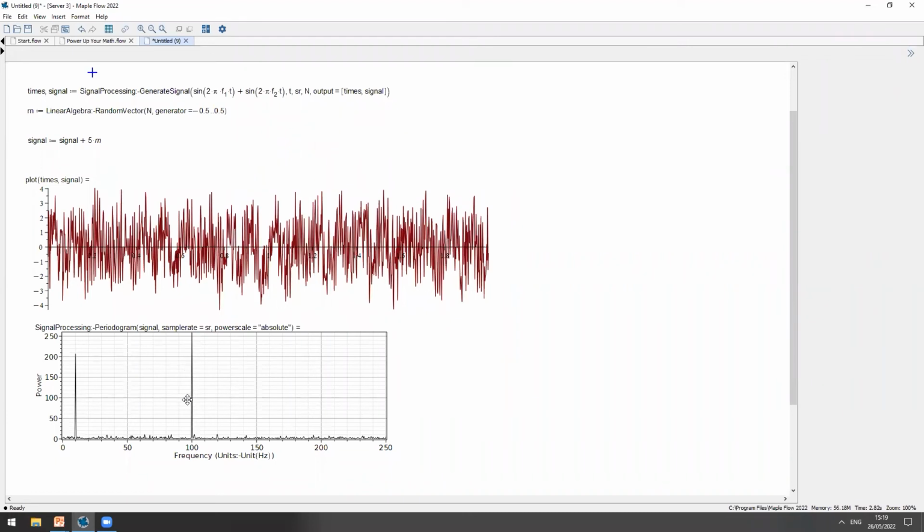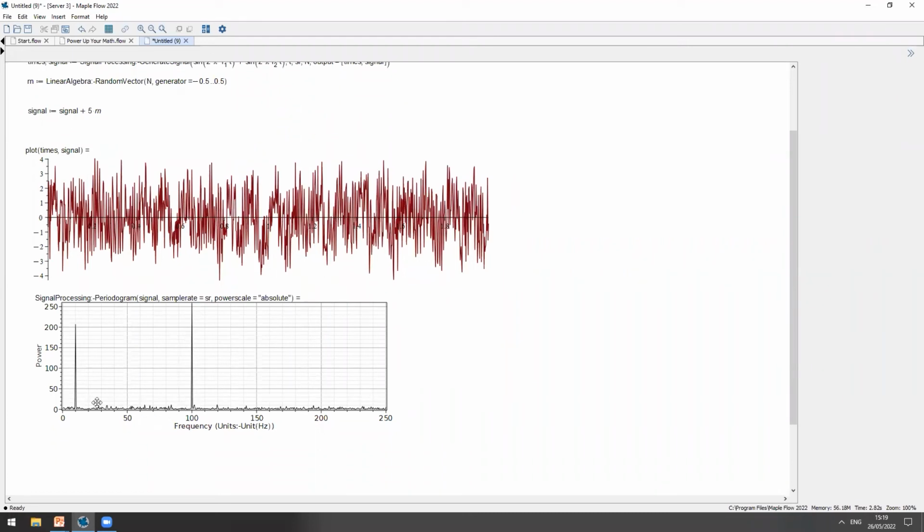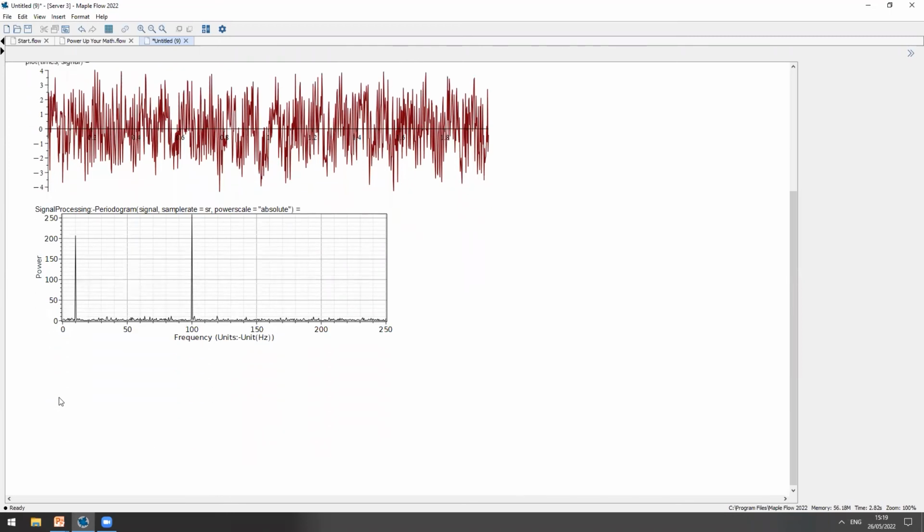All right, so let's try to zero out the low-level frequency. So I'm going to start off by taking the FFT of the signal and then the power spectrum of the FFT data.